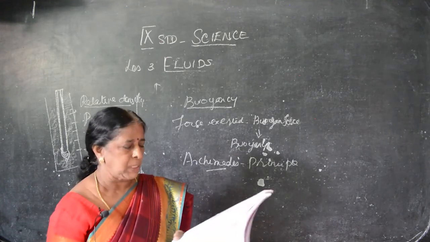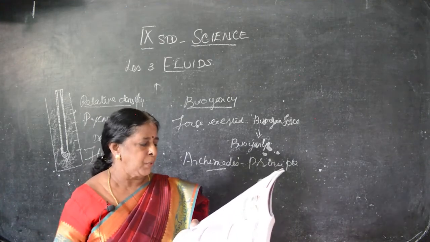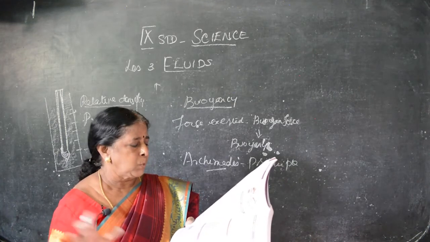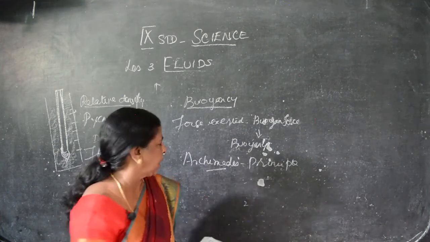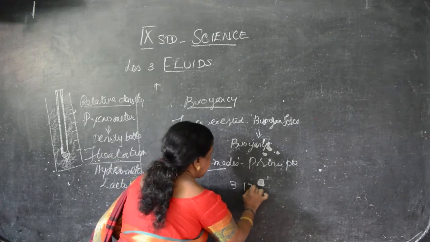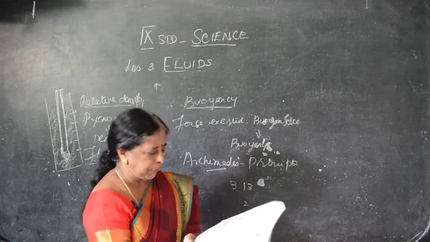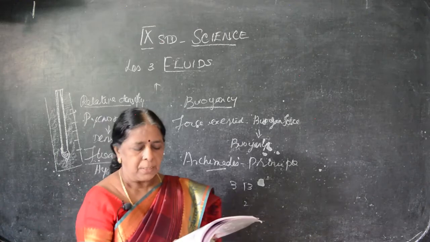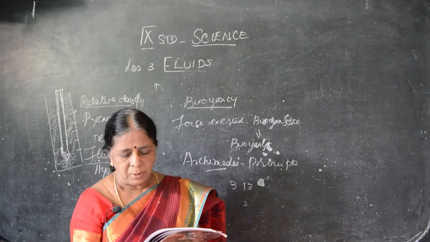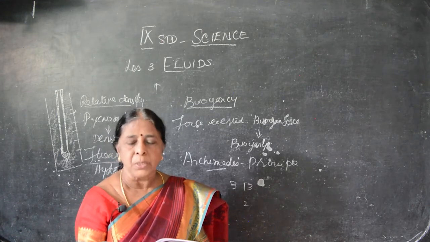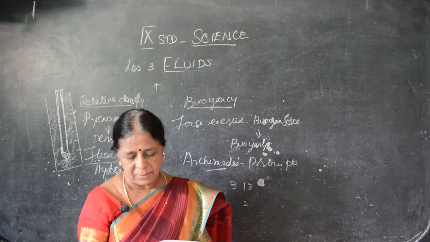For Archimedes principle, you want to see the diagram. The first one you have taken is the overflowing jar, that is figure 3.13. You take the overflowing jar and a spring balance, tie the stone and note down the reading. Then you immerse the stone into the water, which is displaced.